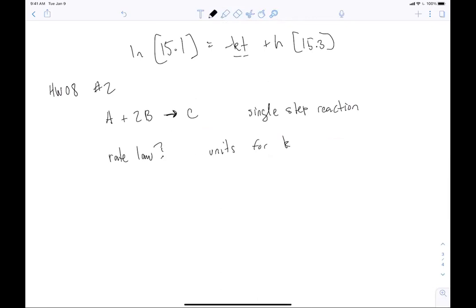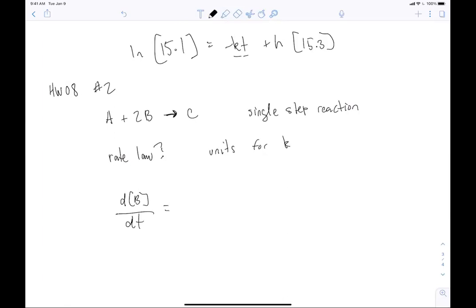They're asking you to write it in terms of B. So we've got dB/dt, or delta B over delta T, and then we want to write out the rate law for it.